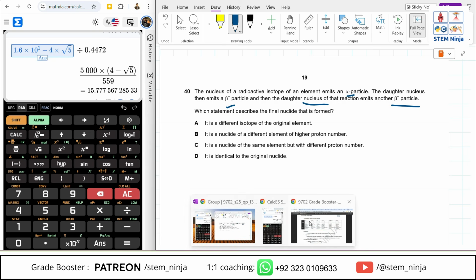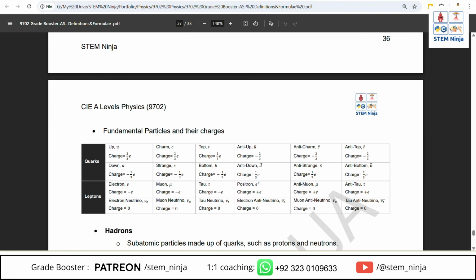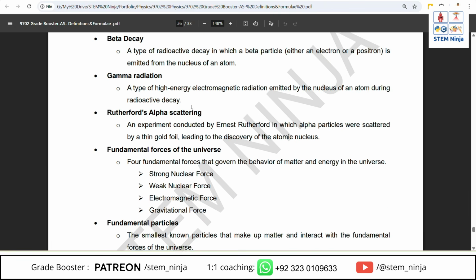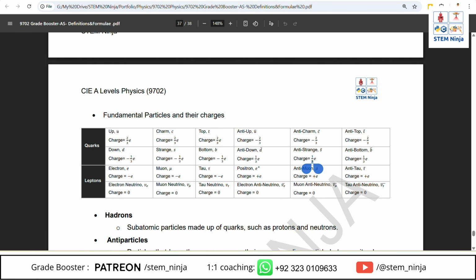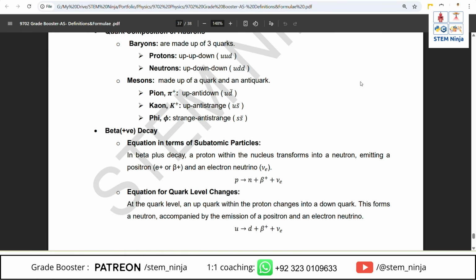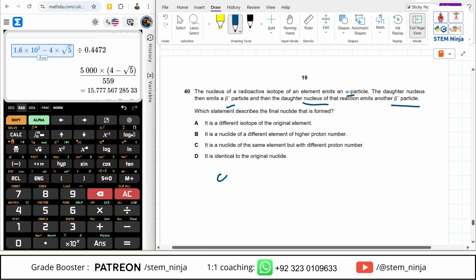Okay, so just to overview what is happening here, the alpha particle subtracts 4 from the parent mass number and 2 from the proton number. So this would be the daughter nucleus.